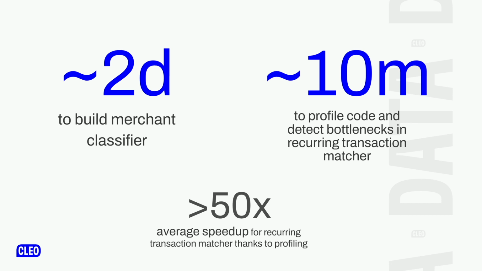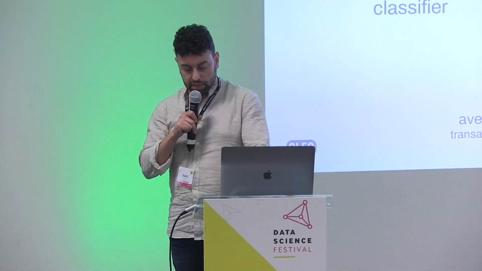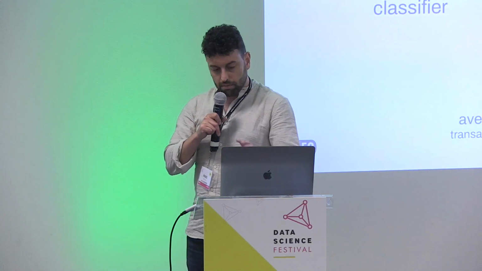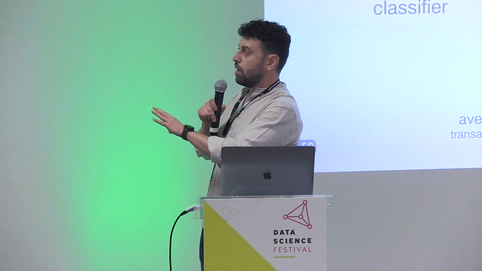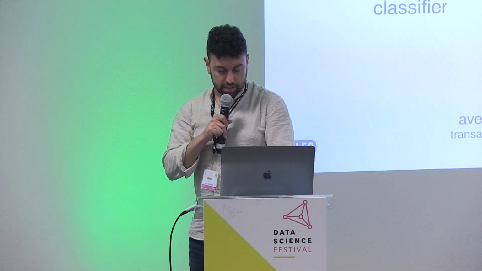We saw that our data science team spent just 2 days to build the merchant classifier that was described before by Adnan. And we spent just 10 minutes to profile the code of another service in order to improve the performance of that service by 50 times. That is another important metric. We are proud of it, but it is not our core metric. Our core metrics are more about the usability of what we built.